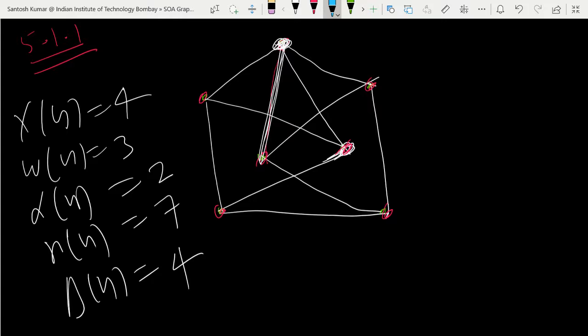You can check for every triangle. Suppose this is 1, 2, 3, this is a triangle, so I'll do this. You can do it your way, no problem. So 1, 2, 3, 1, 2, 3, and now for this vertex, what would you like to give, 2 or 3?